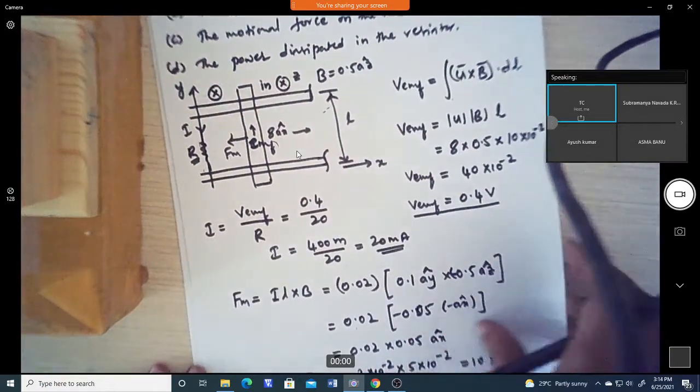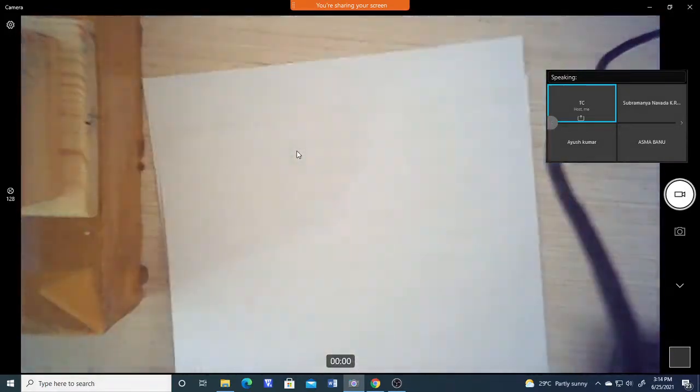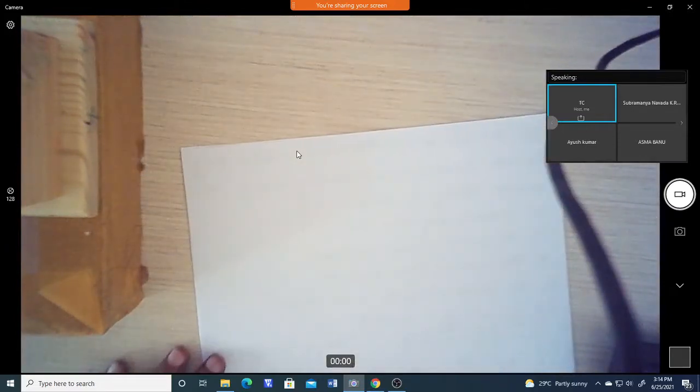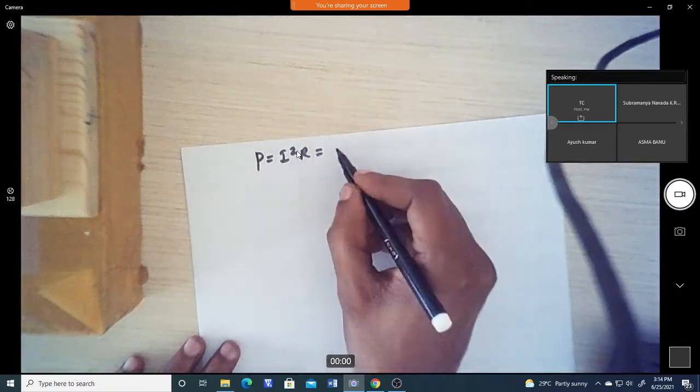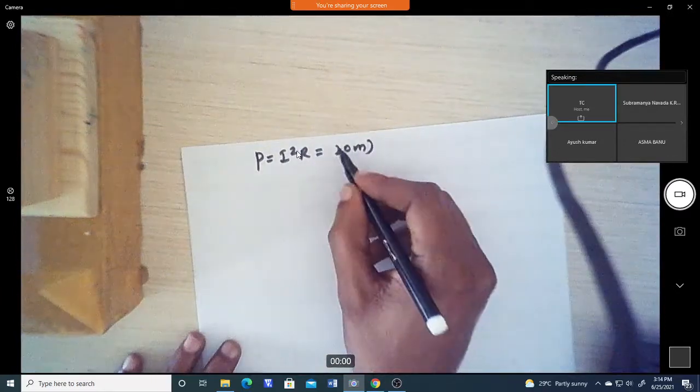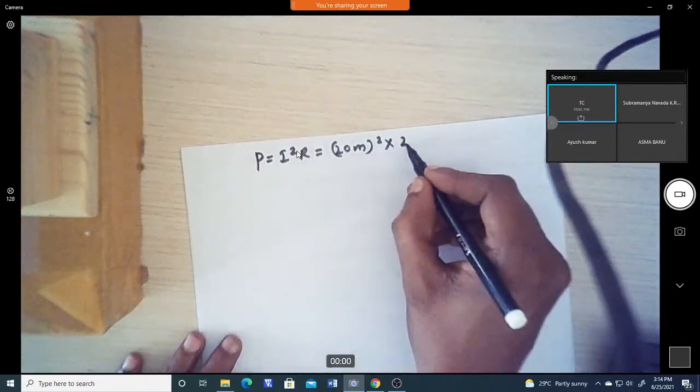This is the force, and finally you can calculate the power. Generally we know that equation, which is I square R. So that is 20 milli whole square into resistance 20 ohm.